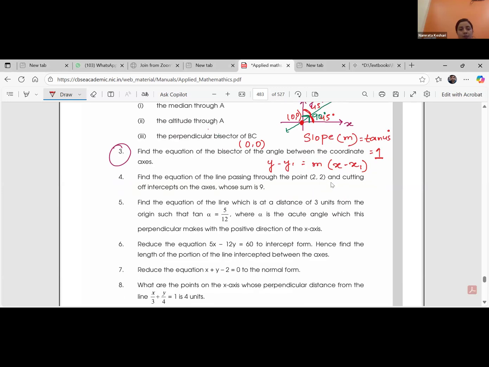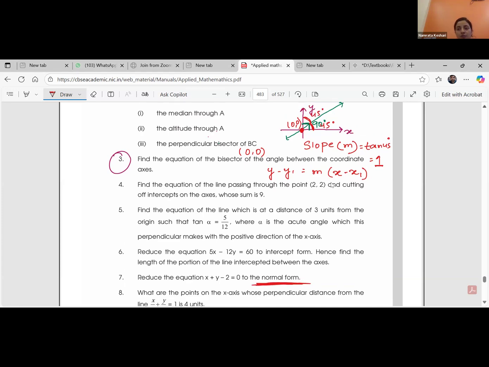Now, today we will be discussing the normal form of the equation of a line. Let's see what the normal form is.